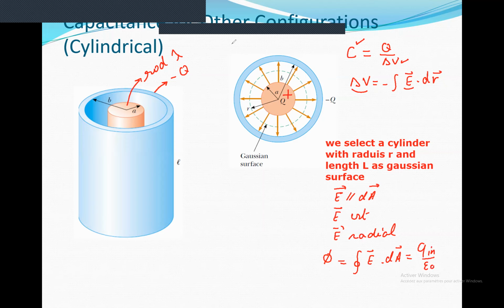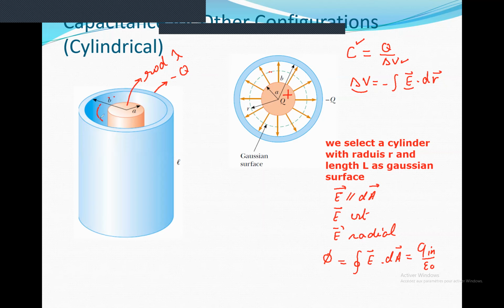Okay, as you see here we have Gauss's surface, this one. If you look well, it must be between.